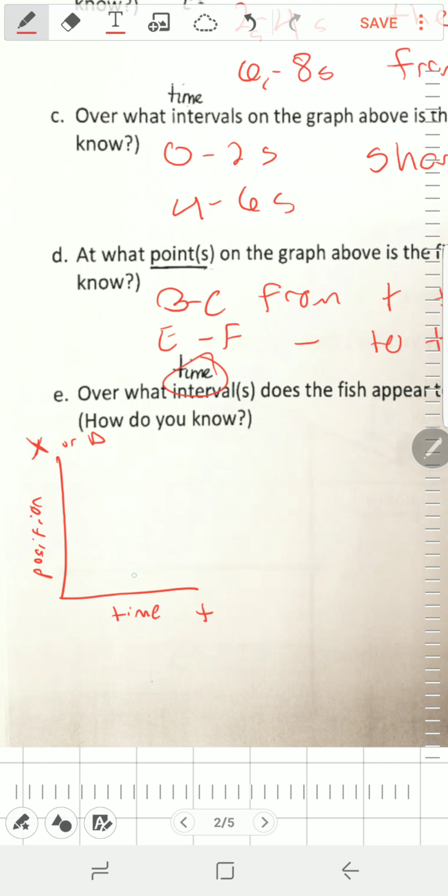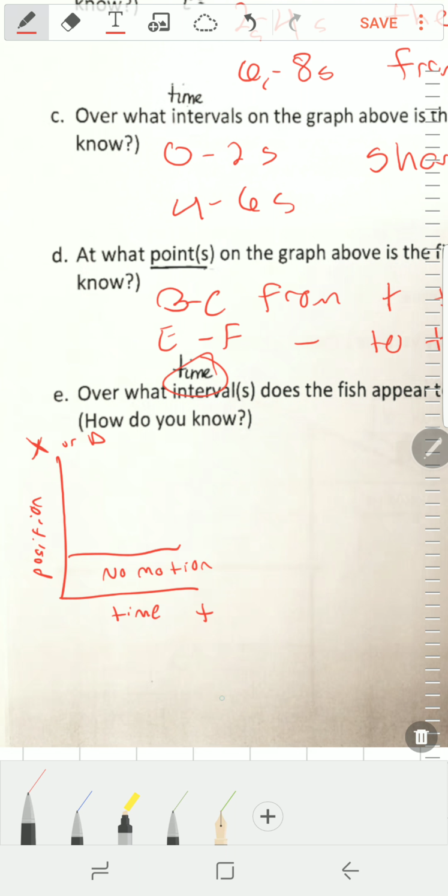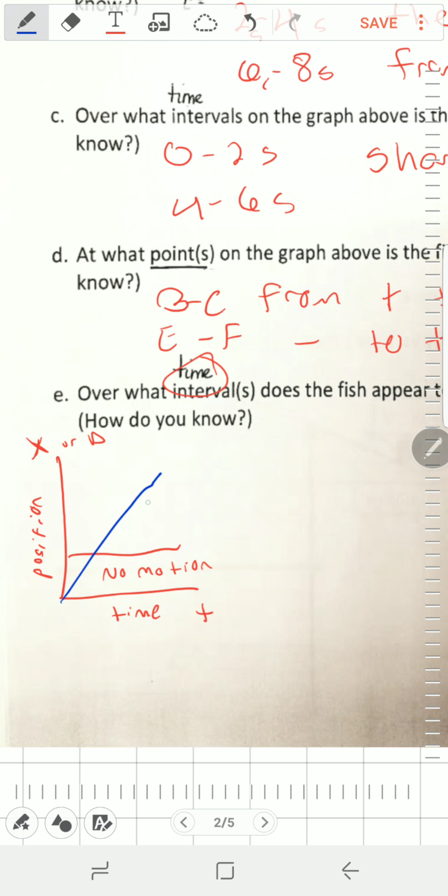If I have a flat line, that means no motion. If I have a diagonal line, that means constant motion.